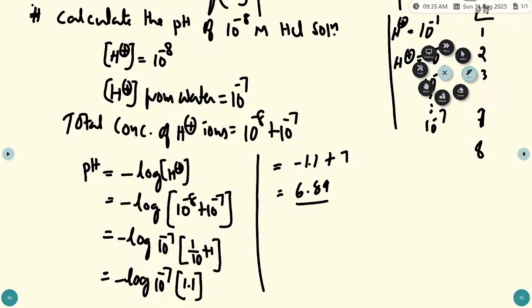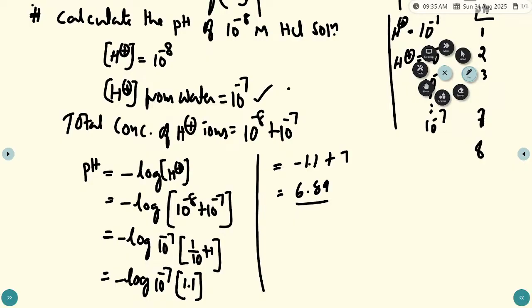You have to calculate like this. Okay, so when an HCl solution is given, you have to add the H plus ion concentration from water. What is the concentration of H plus ion in water? 10 to the power of minus 7.